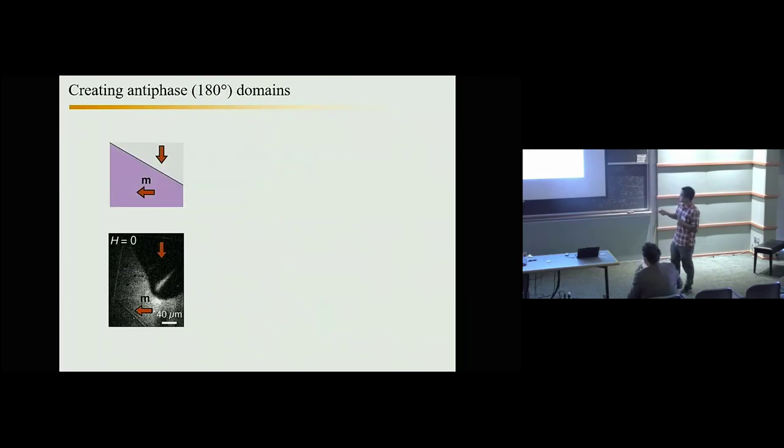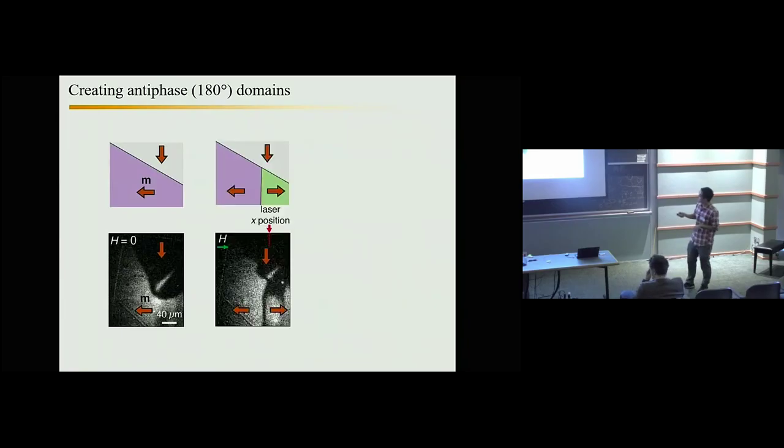Up here is the schematic of what you're seeing downstairs in the SHG image. Here you've got, again, two magnetic domains. What you do is apply a small in-plane magnetic field. In this case, let's say you orient it to the right.